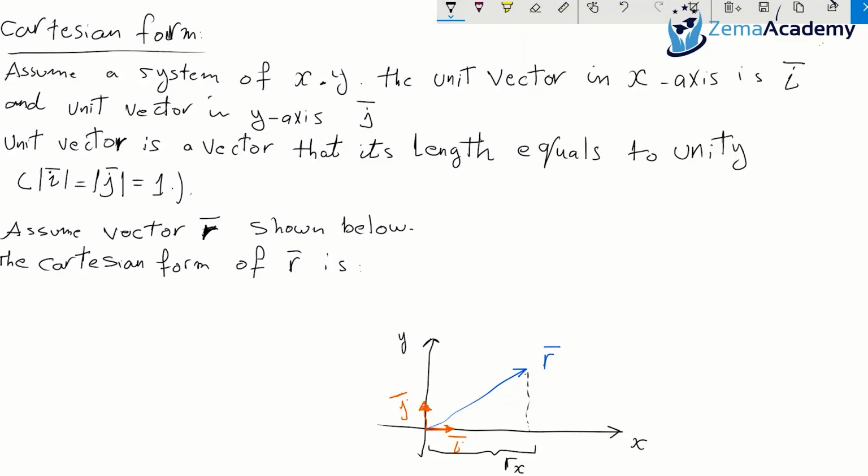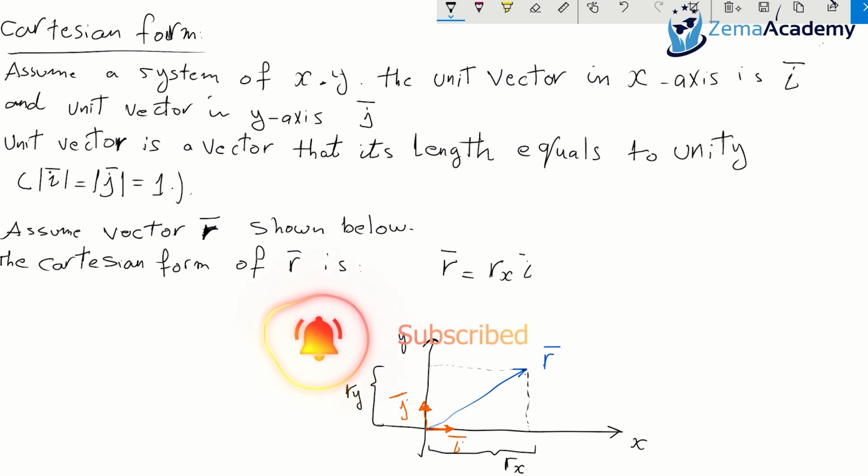If you project R on the y-axis, it gives you a length Ry. So what you can say is that R is written as Rx i plus Ry j.